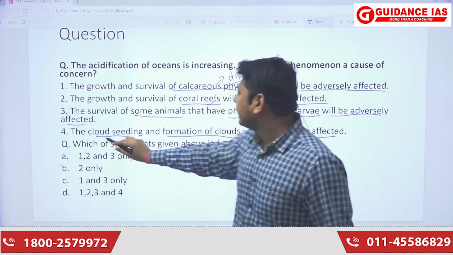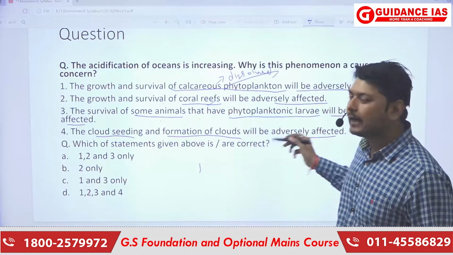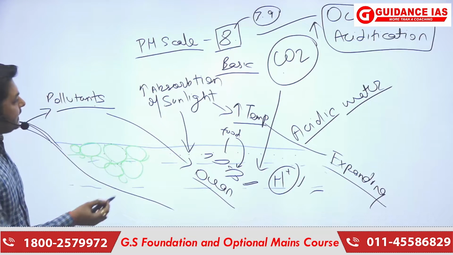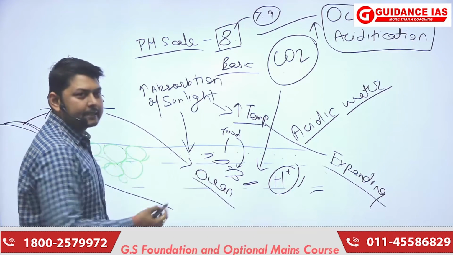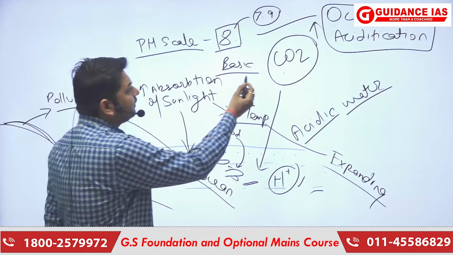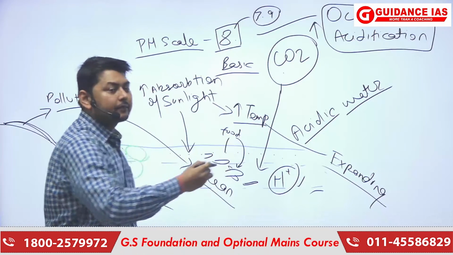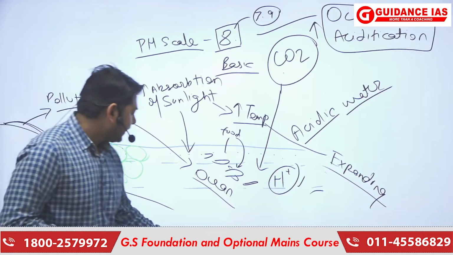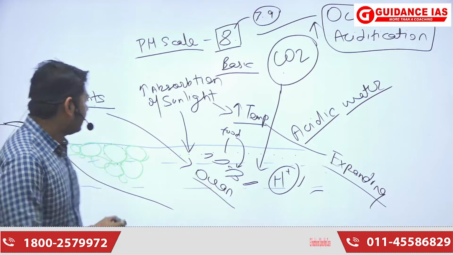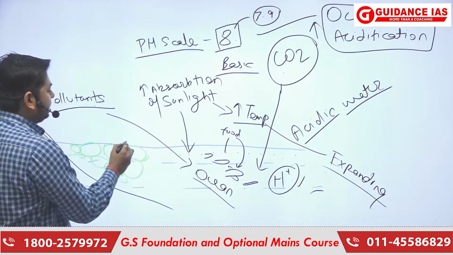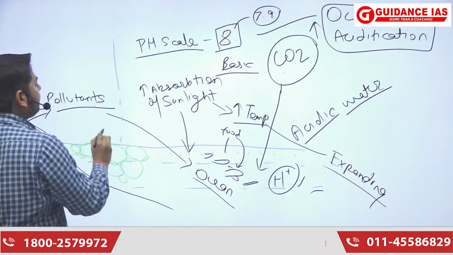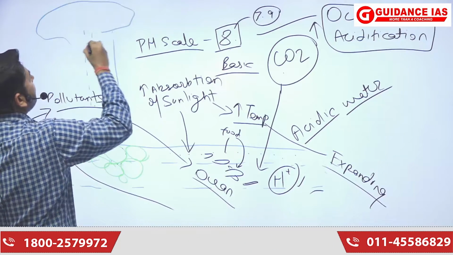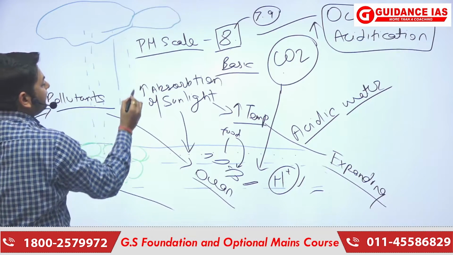Now the fourth point is that cloud seeding and formation of clouds will be adversely affected. Basically, what is cloud seeding? We have seen that the ocean is getting acidified. It has various pollutants, carbon dioxide and pollutants. Now what happens if I have evaporation of this water? There will be formation of clouds because of evaporation.